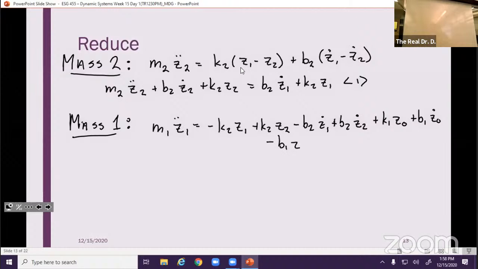Minus. So that's an extra minus. It just didn't fit. Extra term that gets subtracted. So I can algebra this.